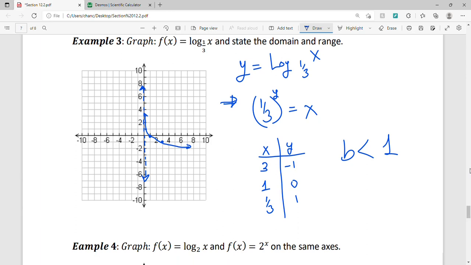It does flip it upside down. Instead of going upwards, it's declining now. But if you look carefully, the domain is still 0 to infinity, and the range goes negative infinity forever down and up to infinity. So the domain and range is still the same, even though it's going downwards.